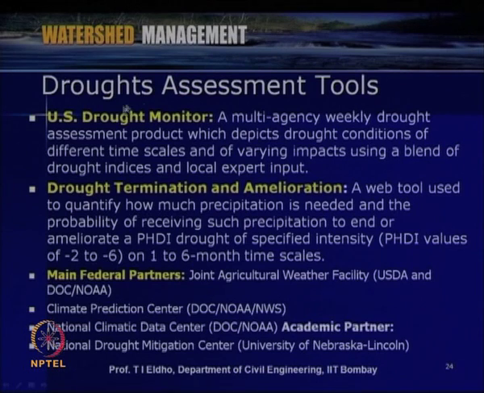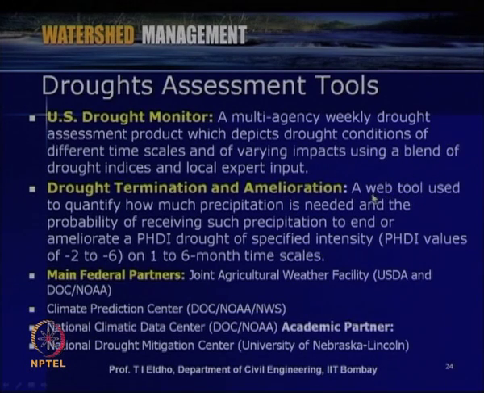So, as we discussed earlier, specific types of drought indices are used, and then in the United States this US Drought Monitor has been developed, and this is used as a drought assessment tool. Then there is drought termination and amelioration.